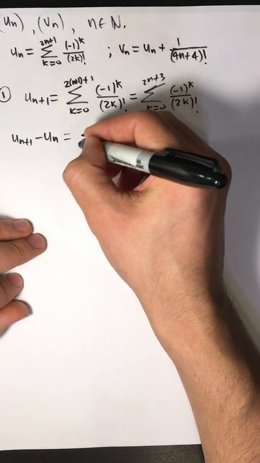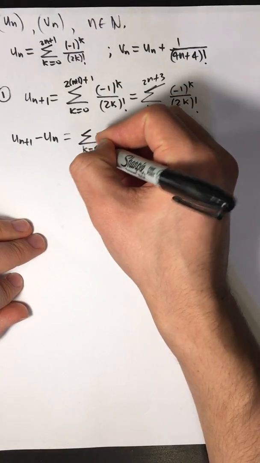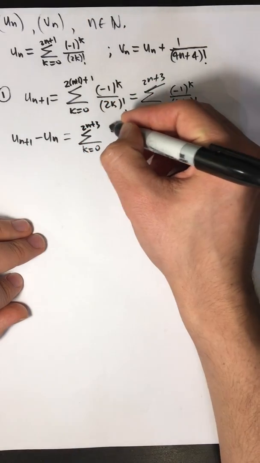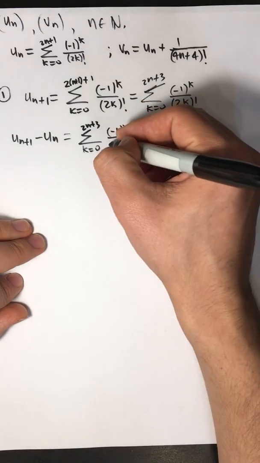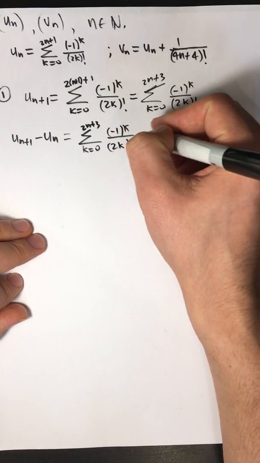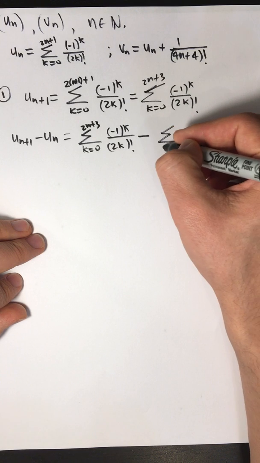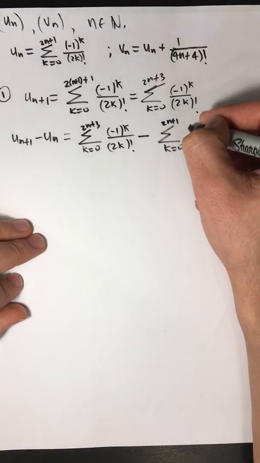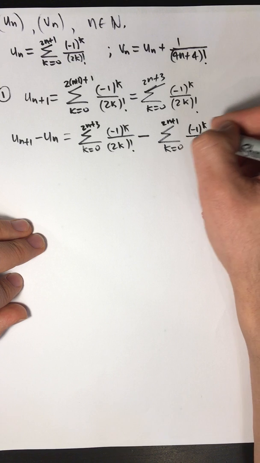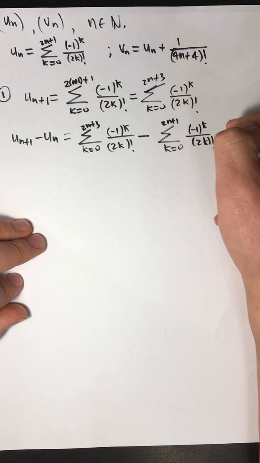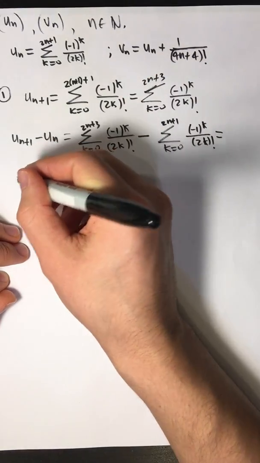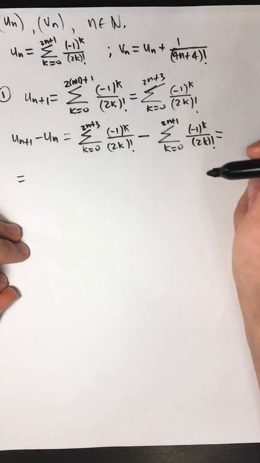Un plus 1 is the sum for k from 0 to 2n plus 3 of minus 1 to the k over 2k factorial, minus Un, which is the sum for k from 0 to 2n plus 1 of minus 1 to the k divided by 2k factorial. I'm trying to solve this using sigma notation. You can solve this like the previous exercise, not with sigma, but let's try to do it with sigma notation.